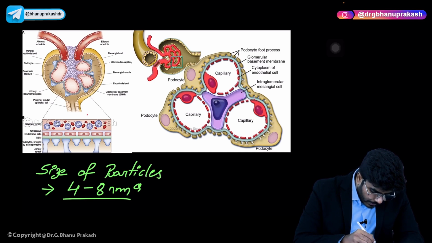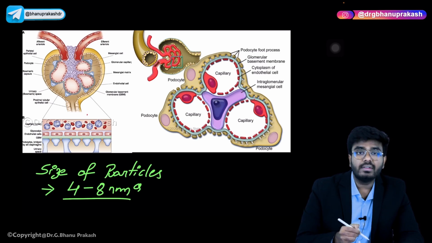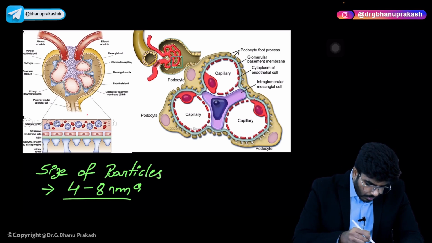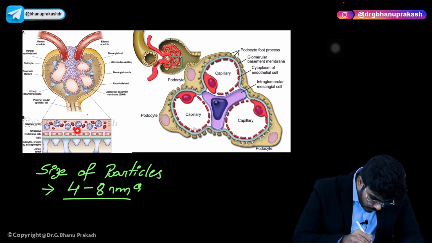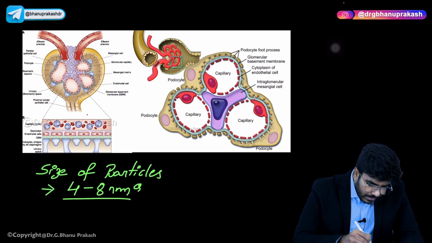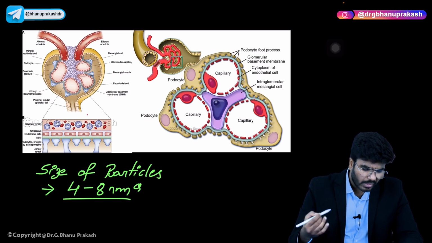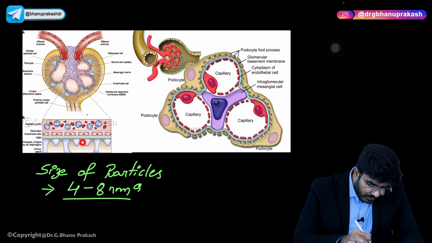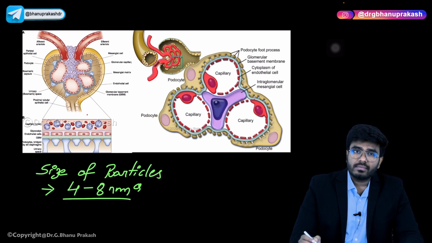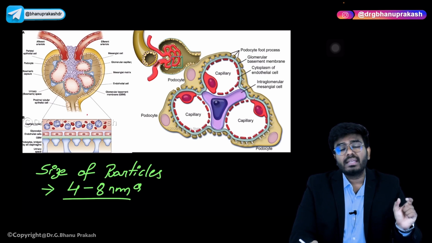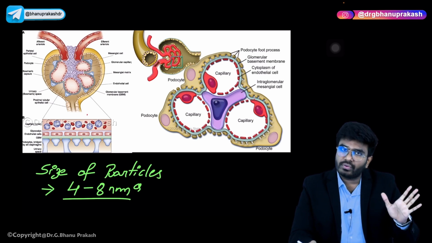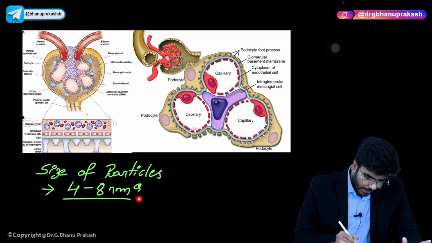Below the glomerular basement membrane, you have these podocytic cells, the podocytic foot processes. Now fluid from here has to come down, or the particles, the waste particles or some important substances, have to be filtered. Now my question is, particles of which size can be easily filtered? It's 4 to 8 nanometers.